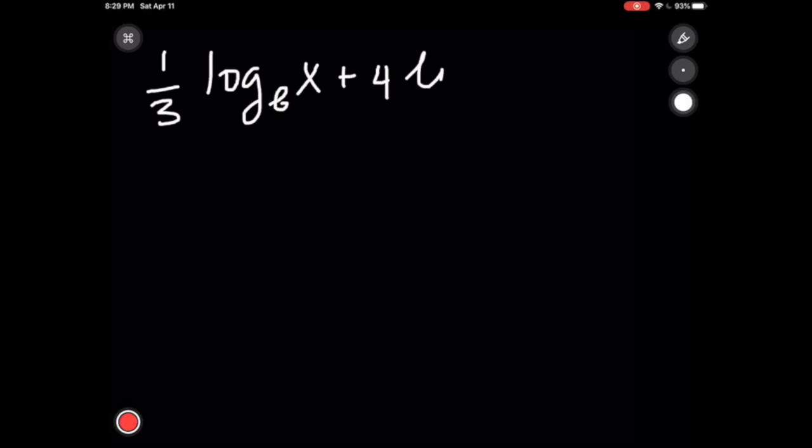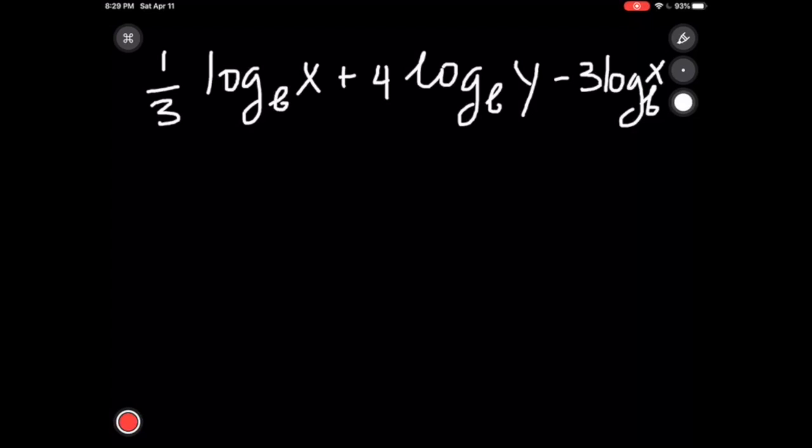The next question will ask you to perform the opposite operation, meaning you will have several different logs that are either added or subtracted to each other, and you need to write it as a single log using the three properties we just looked at. In other words, condense 3 logs into one single log.